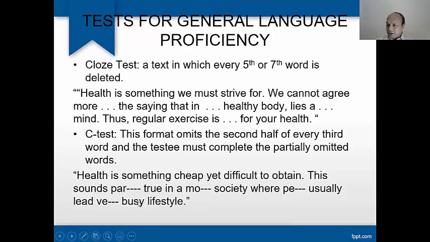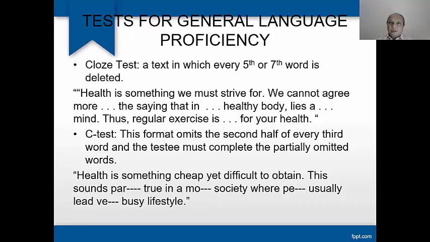For example, this "sounds" part is only part of the word, and the test taker has to complete this word. Some parts of the words are missing, and the test takers have to write down the remaining parts of the words.